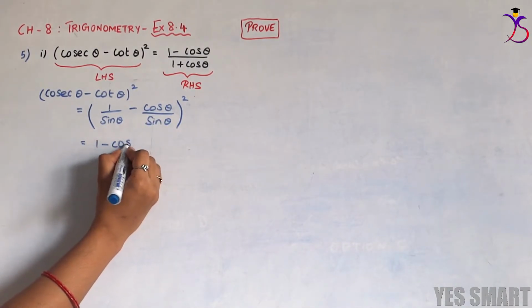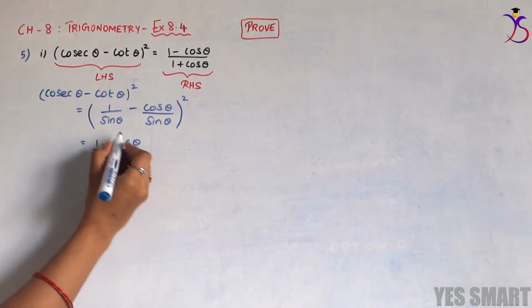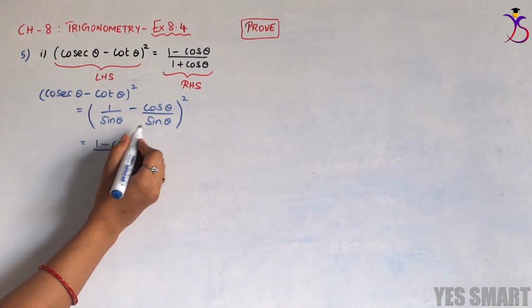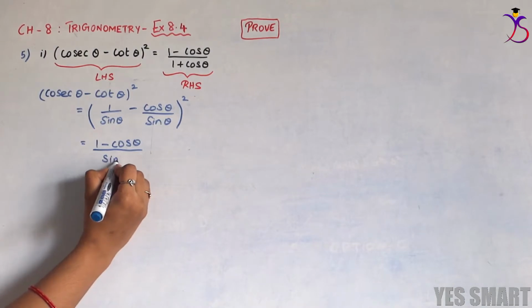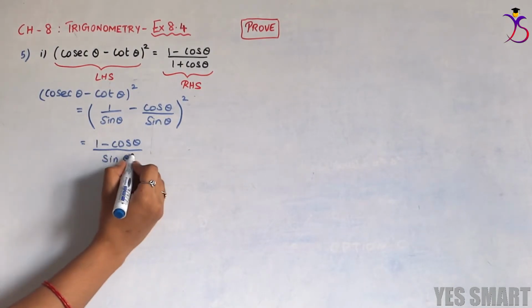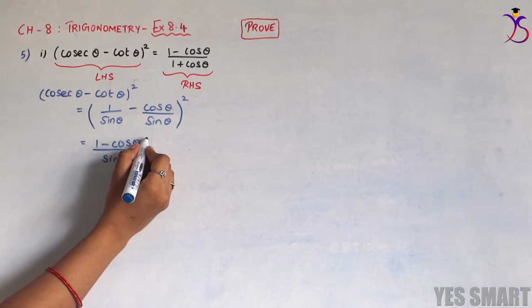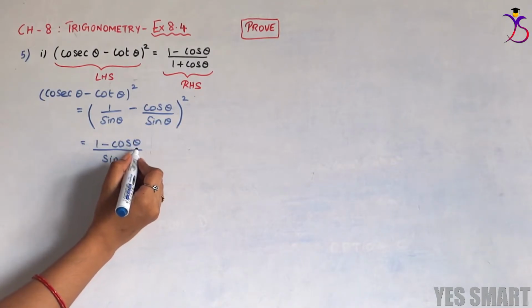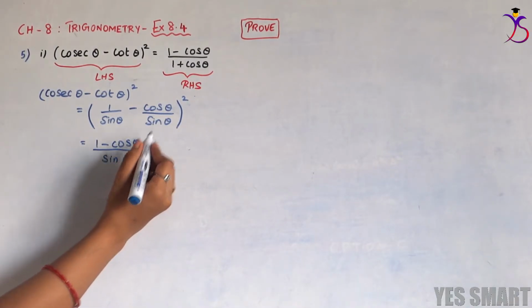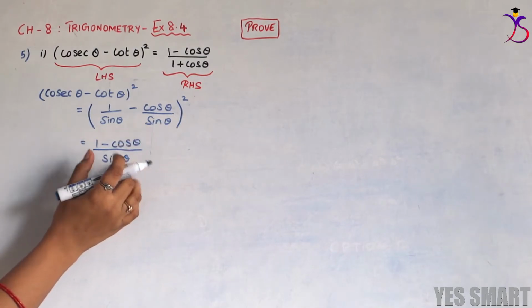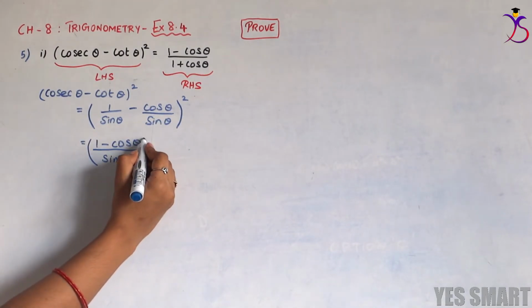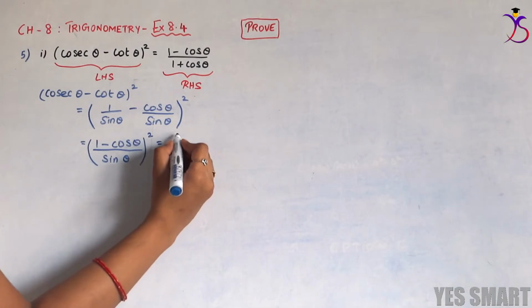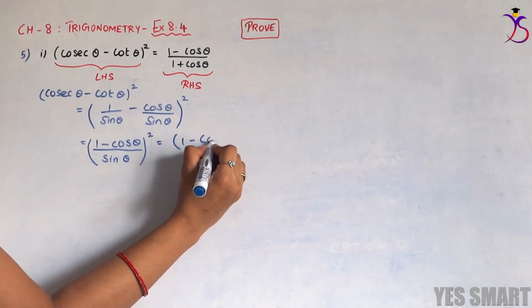Now the LCM need not be taken because the denominator is the same. Therefore I'm just joining and subtracting directly. 1 minus cos theta divided by sin theta, since both denominators are the same, the whole square.